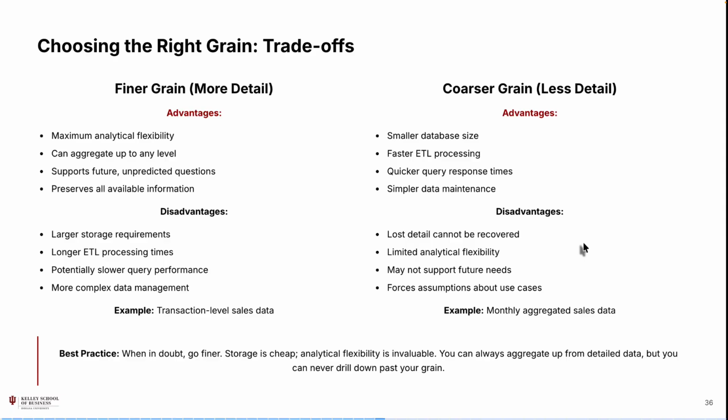Do you want the street level details, which will be the fine grain? It will be massive, but you can see everything. Or do you want only the state boundaries, which will be the coarse grain? It will be very small, but if someone later asks for directions to a specific building, that detail is permanently lost.